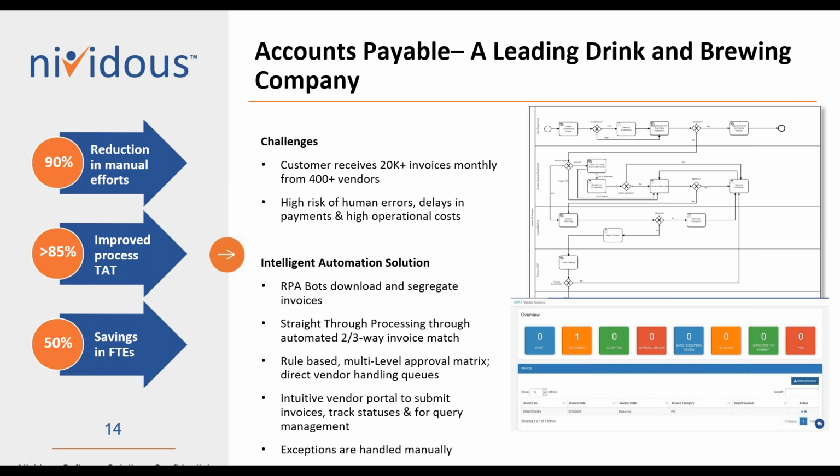So what we have is a portal that allows vendors to submit their invoices directly through the portal and get an idea of where everything stands, so that they have the ability to log in at any time and they can see everything that they have open and where it is in the process.